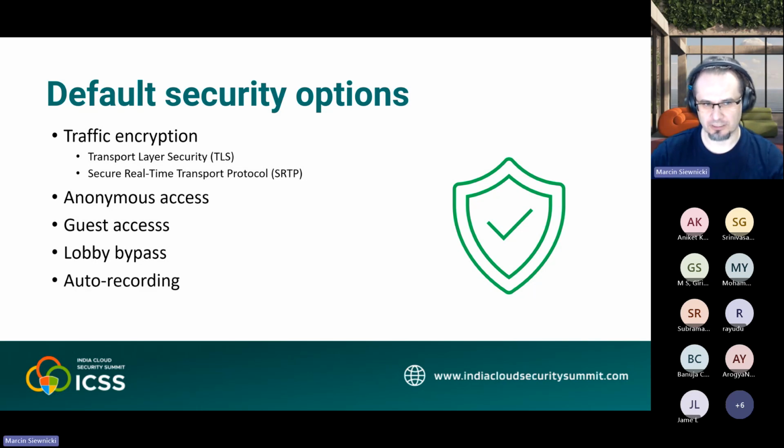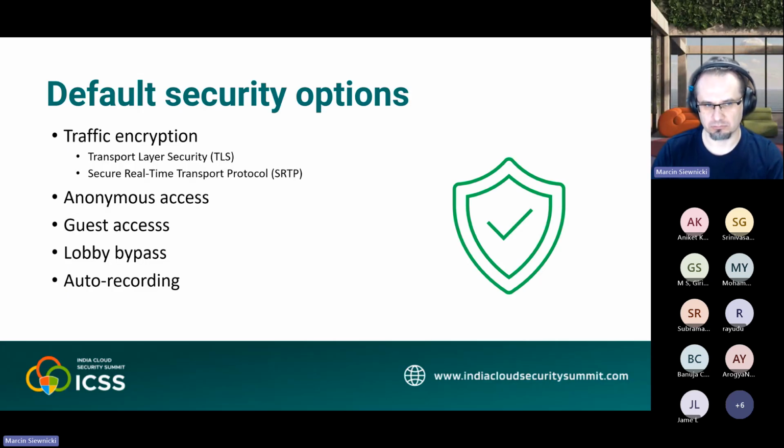And there is one additional, auto recording, which you can consider also as a security feature, because in some cases it can lead to data leaks, even for guests, even for anonymous users, which is a little bit tricky, but it is how it works. So those are default security options. Not many, because by default it is all secured, but you can gain some additional control.